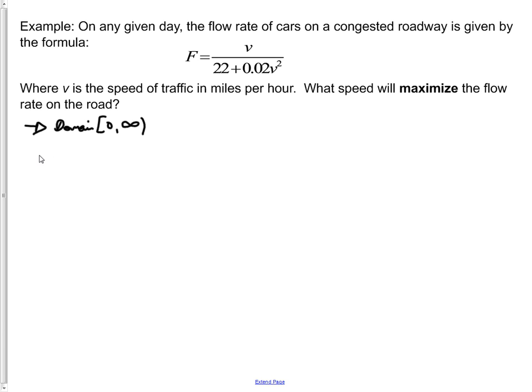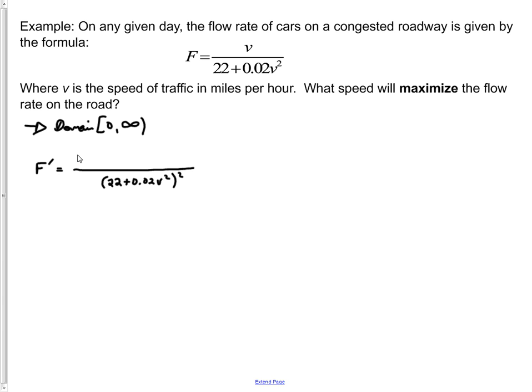So what could we say? Well, we're going to have to take our function and find the derivative f prime in terms of v. Well, that's a job for our old friend, the quotient rule. Remember that the quotient rule states that we take the denominator squared, so we're going to take 22 plus 0.02 v squared, quantity squared.